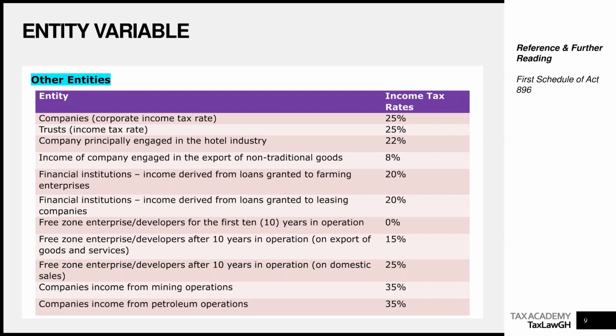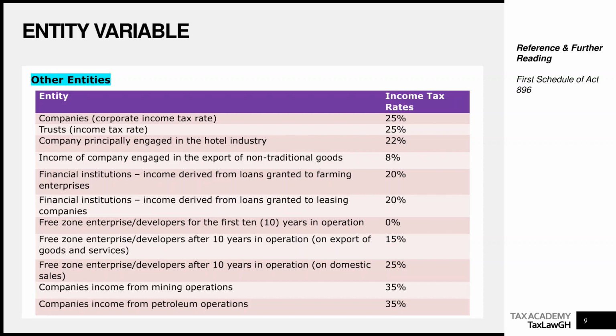You can choose to go for company A or company B based on what their loan portfolio looks like. If the first company loans primarily to leasing or farming enterprises, then you know that at the end of the day, your income will be subject to tax at 20%. Whereas if it's a normal everyday commercial bank who loans primarily to individuals and corporates, then you know they'll be taxed at a higher rate of 25%.